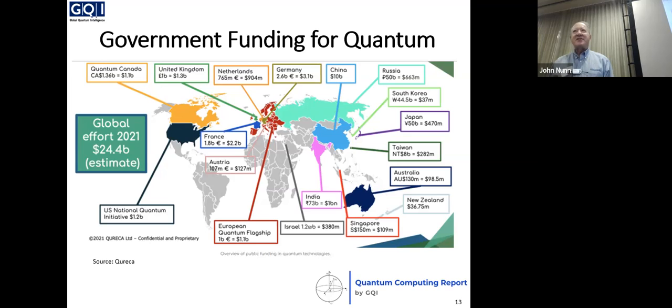But a lot of these countries don't want to see that anymore. They don't want the US and particularly California to dominate this industry. So they are all investing large amounts of money in the billions of dollars. Someone took an estimate in just 2021 alone, it was $24 billion.